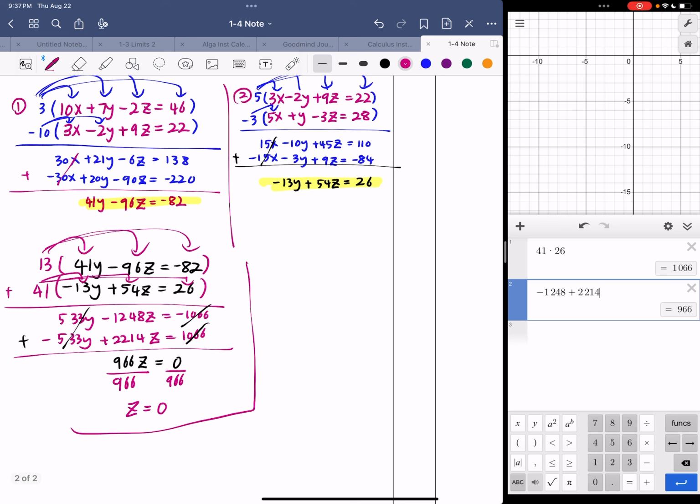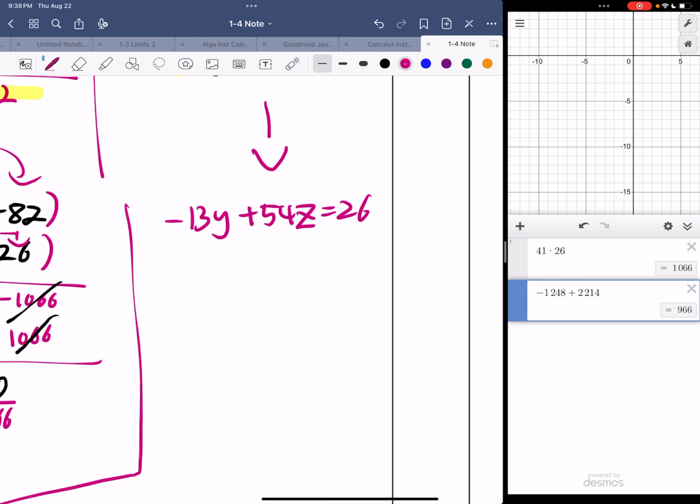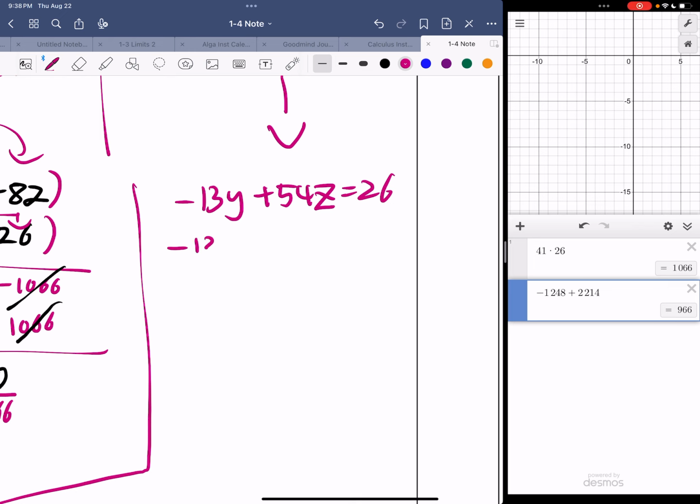Now I'm going to choose one of these two, but this time I'm going to choose this one because, yeah, why not? So negative 13y, because this one is closer, that's why. Plus 54z equals 26. But this time, instead of z, I'm going to plug in 0.